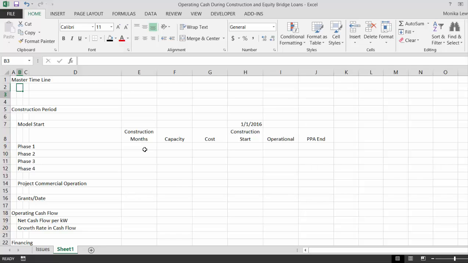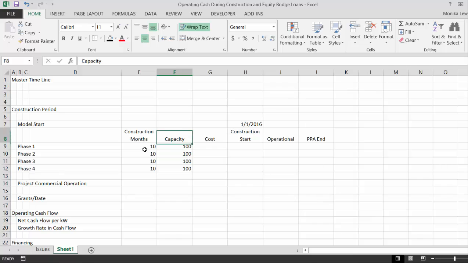So let's say we have 4 phases of our wind farm or solar project or something else. On each phase, if it's a wind farm, it takes about 18 months. Maybe the whole wind farm takes 18 months, so maybe these take 10 months. Maybe they take less, and let's say they each have 100 of capacity.